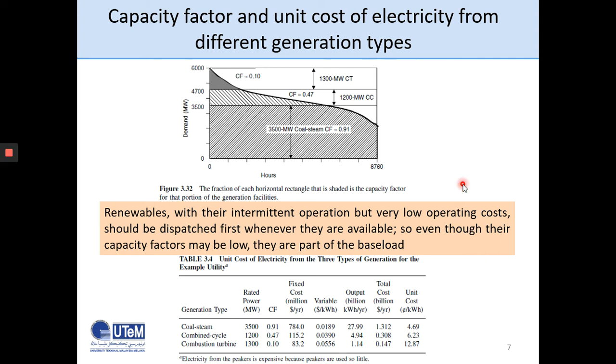So, by right, it should be dispatched first whenever it is available. Even though their capacity factors may be low, for solar maybe only around 15%, they contribute a small part of the base load here.